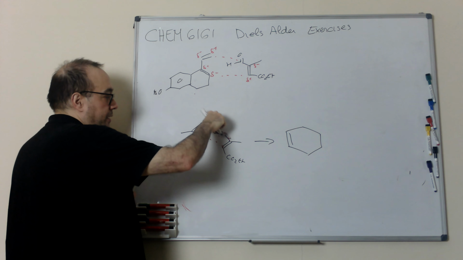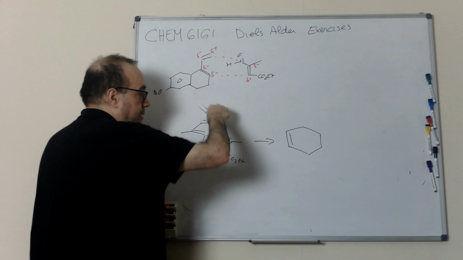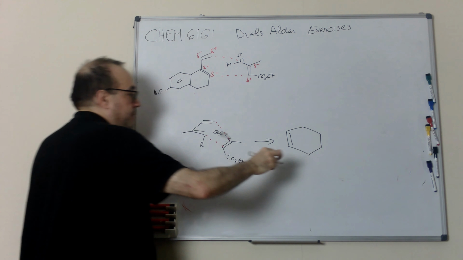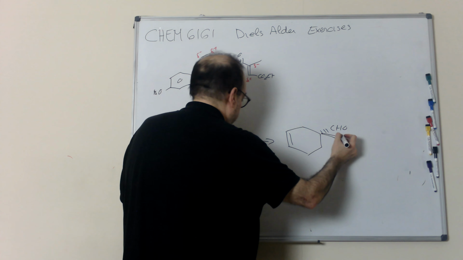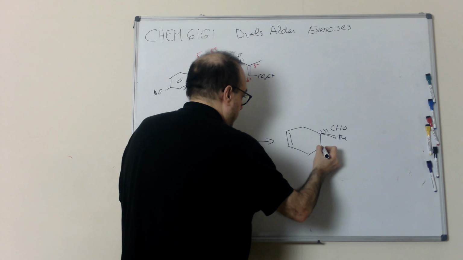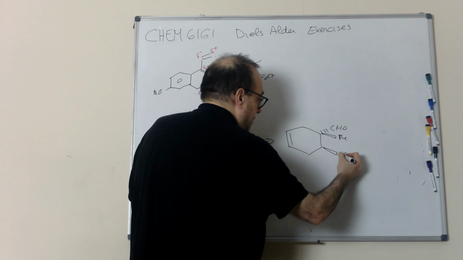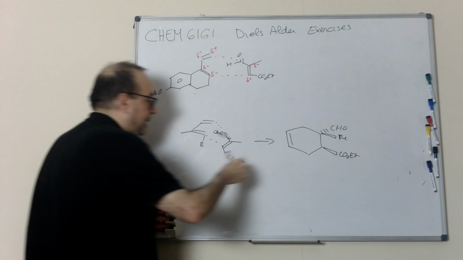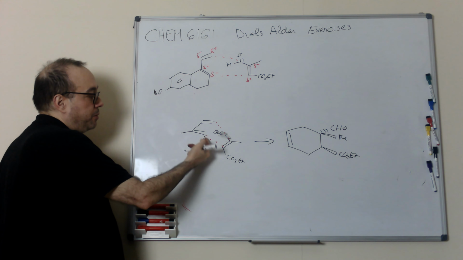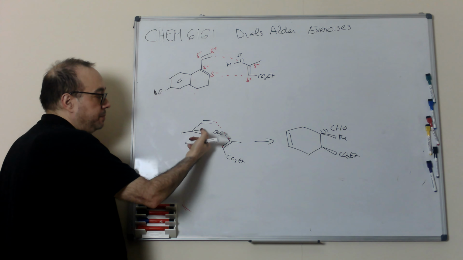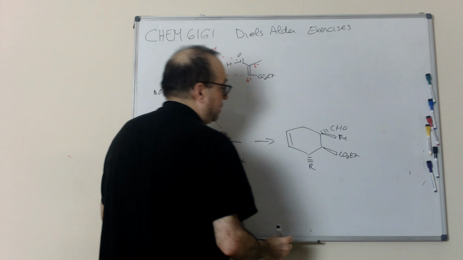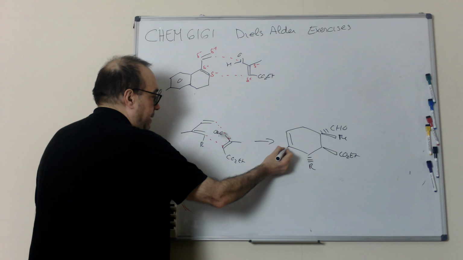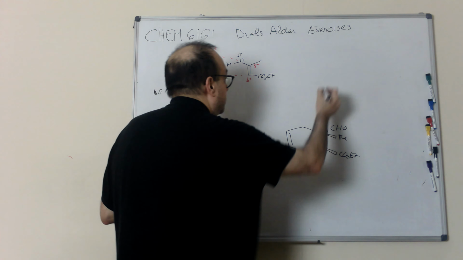This is the approach. If I am forming this bond from the top, CHO down and methyl up, and the ester will be up. And if I am forming this bond from the bottom, what I will have is the R growing down. And then the only thing that I need is to grow the final product, basically.